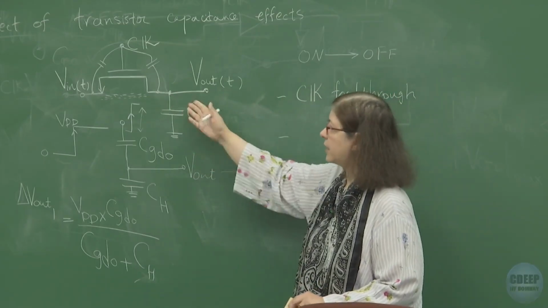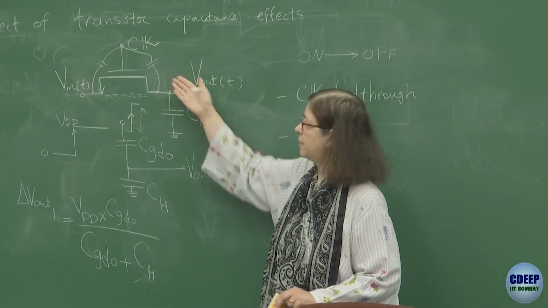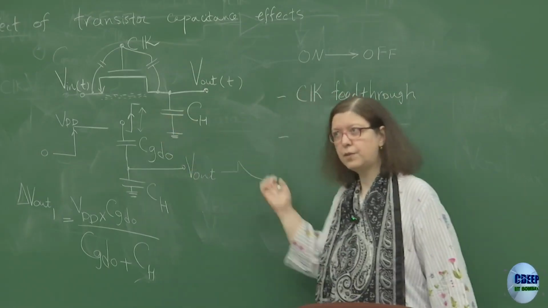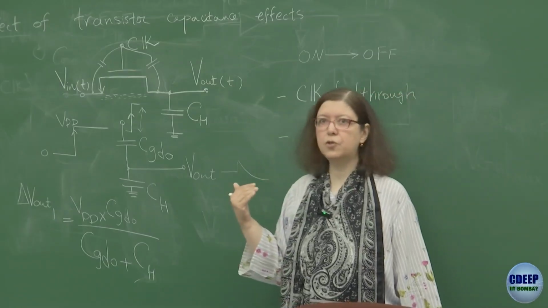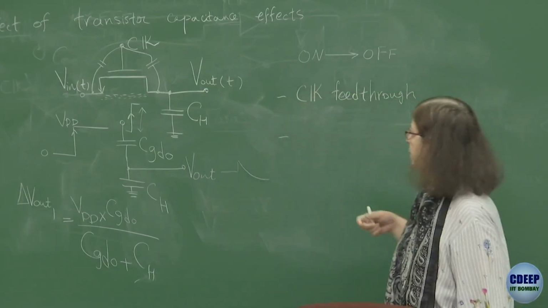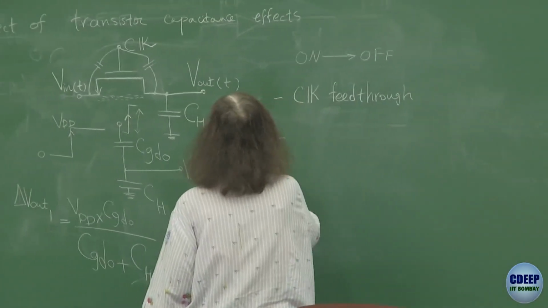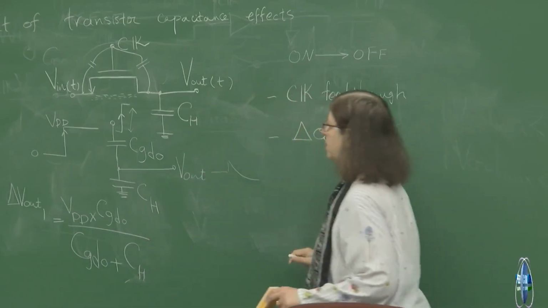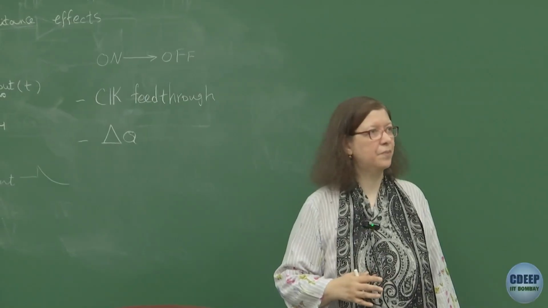So here they will come over CH, and they will come over also this capacitor. But CH usually is a large capacitor, so it's like a low impedance path. So it will draw the charge. So therefore you have some delta Vout, which is related to the fraction of charge which is coming onto CH. How much is this delta Q?